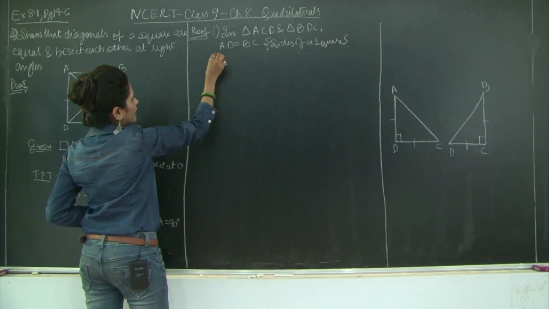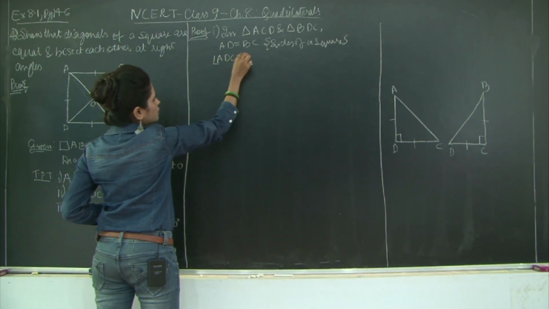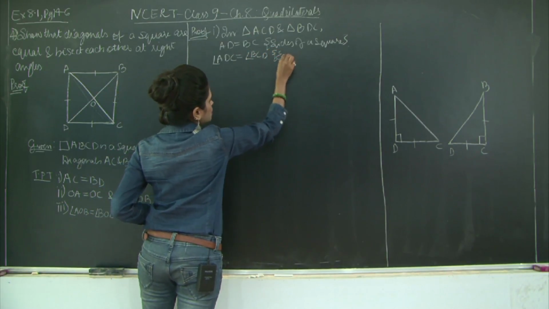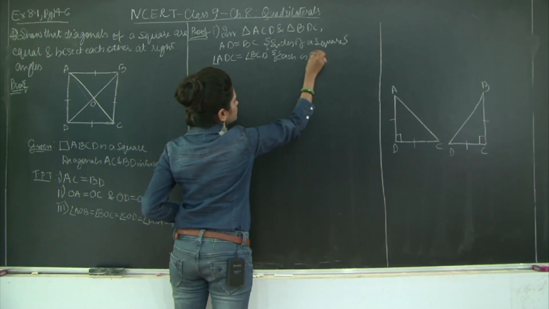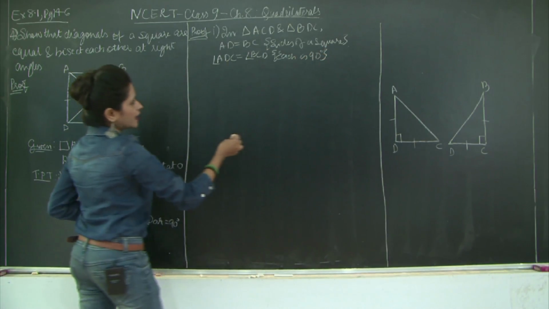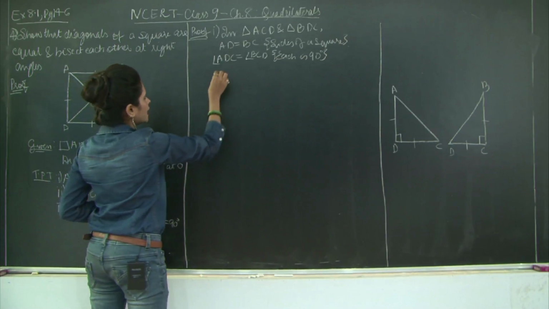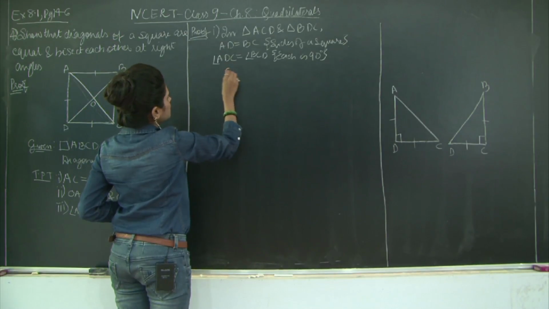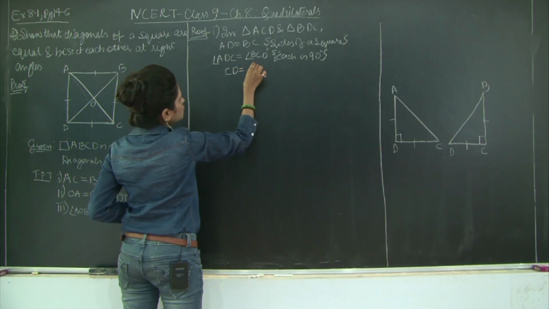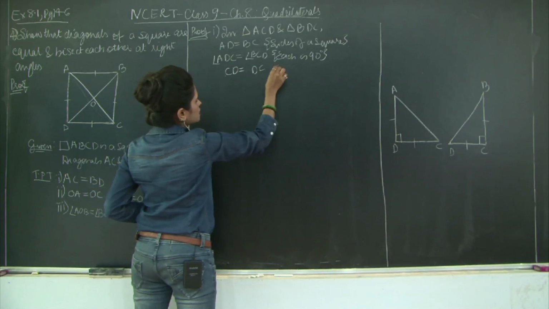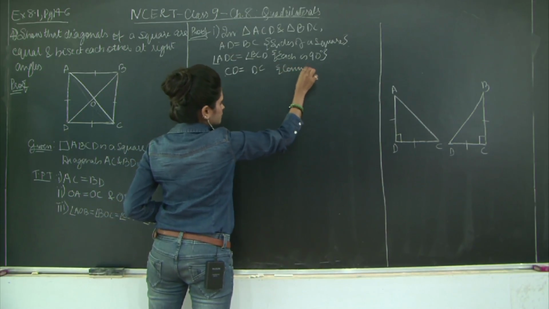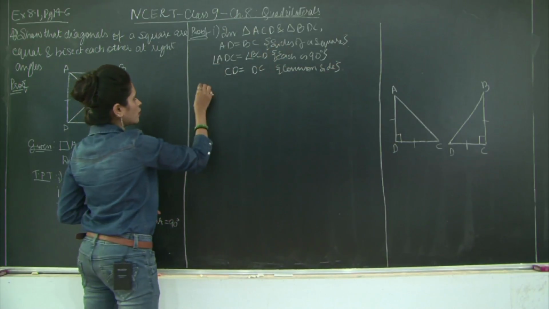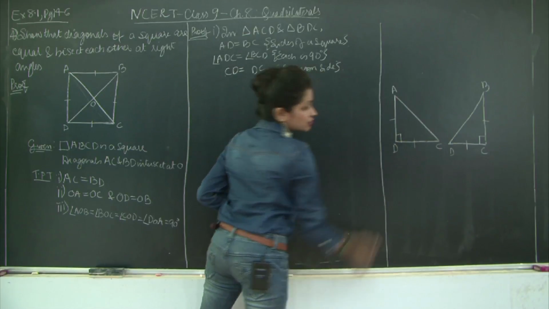We have angle ADC is equal to angle BCD. Each is 90 degrees, because we know that each angle of a square is 90 degrees, and also CD is equal to DC because it's the common side. Therefore, these two triangles are congruent by the side angle side test of congruence.